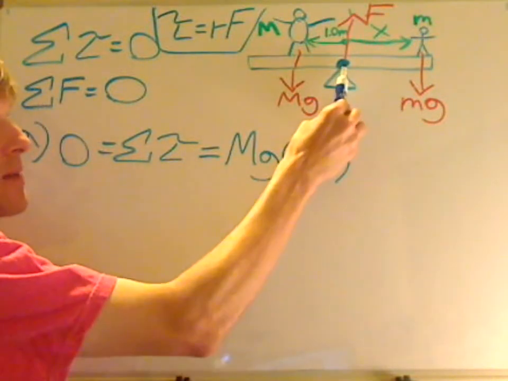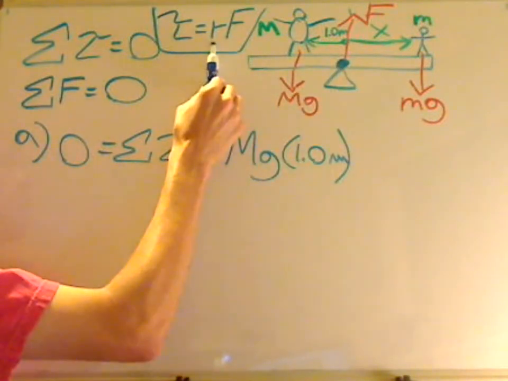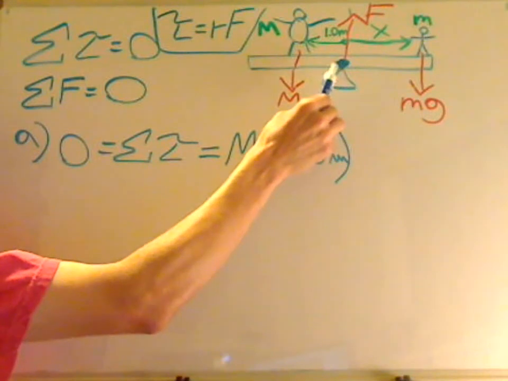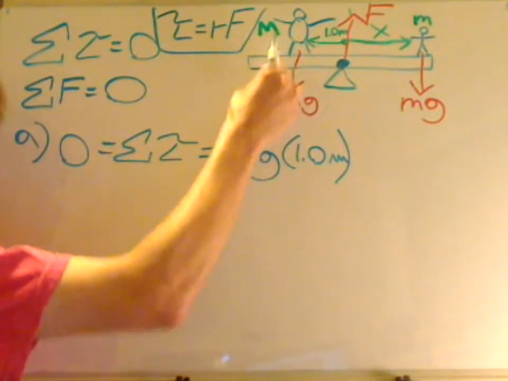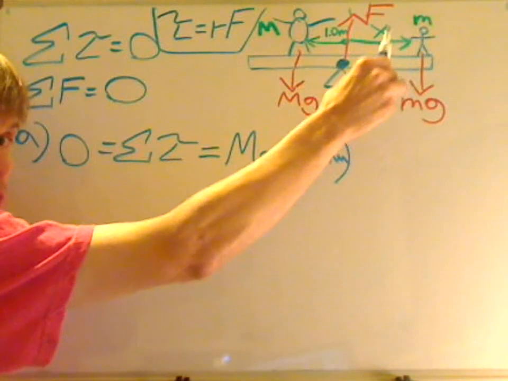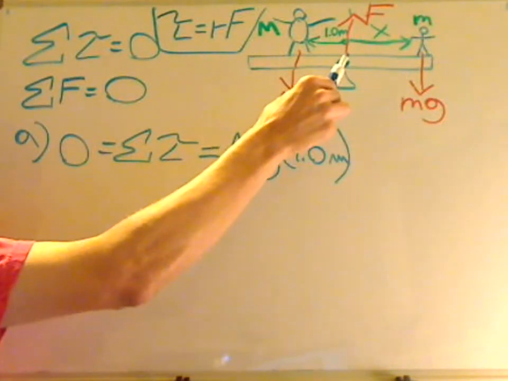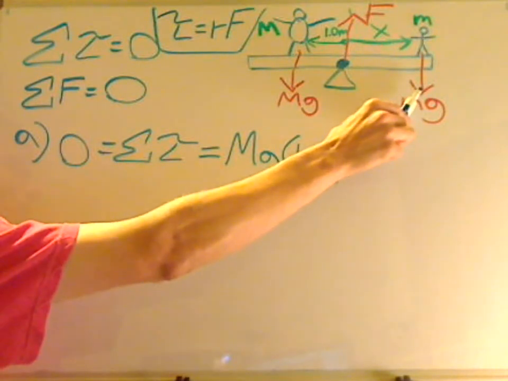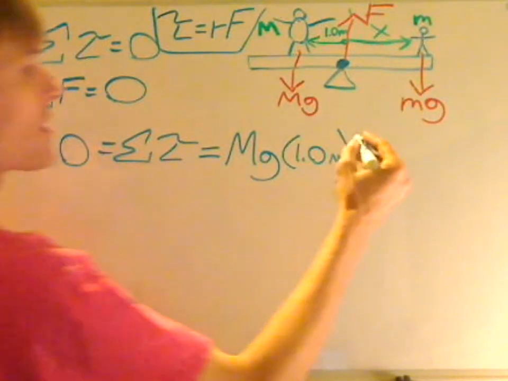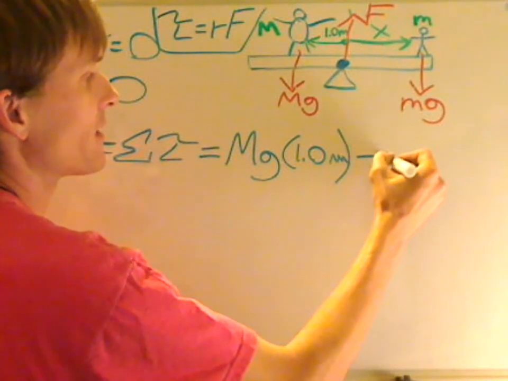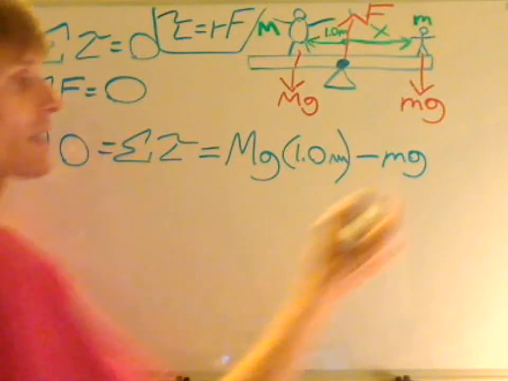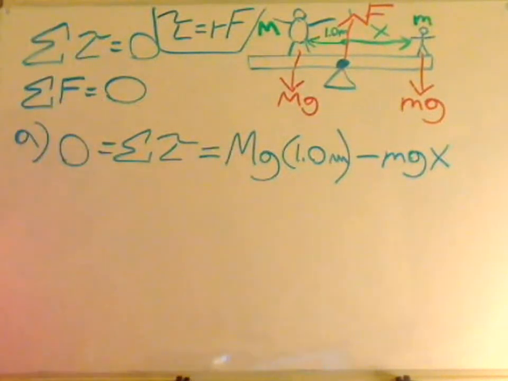Well, it's acting right on the pivot point. So our distance r from the pivot point is 0. So this force applies 0 torque. It neither will cause a counterclockwise rotation or a clockwise rotation. Now this guy, this is a clockwise torque, so that's negative. So the torque from that guy is minus little m g times the distance from the pivot point, which we called x. And that has to equal 0.